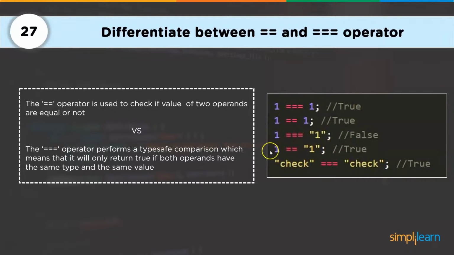Since they both are 1, in PHP it will display as true since they are equal, while when you are type checking, that is you are checking if they're equal with the same type and same value, it will display false since one is an integer and the other one is a string value. Also, if you check two different strings with the type safe, it will also display true.